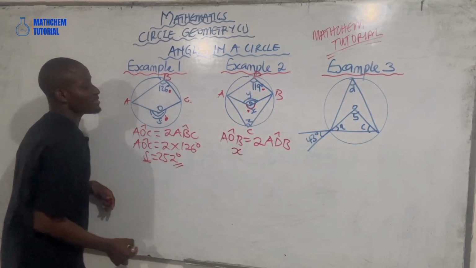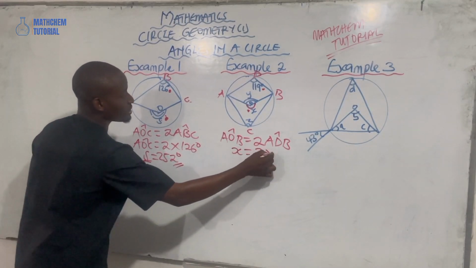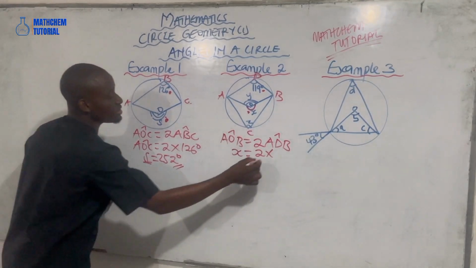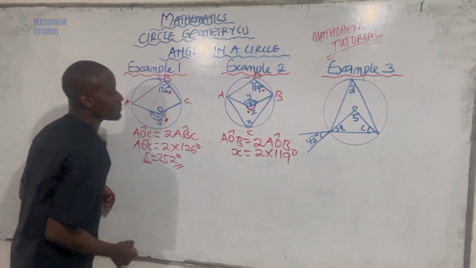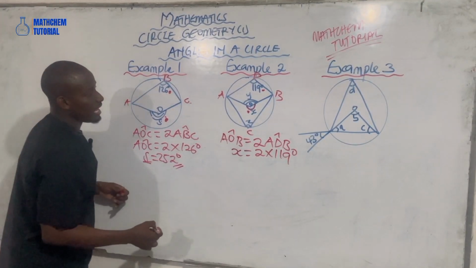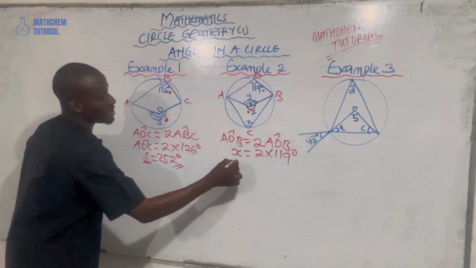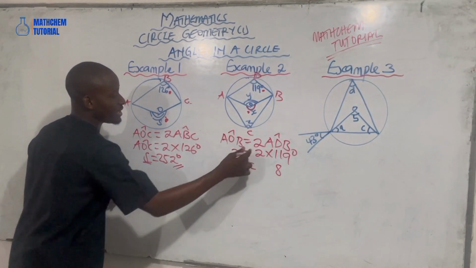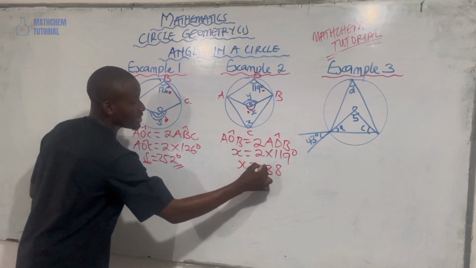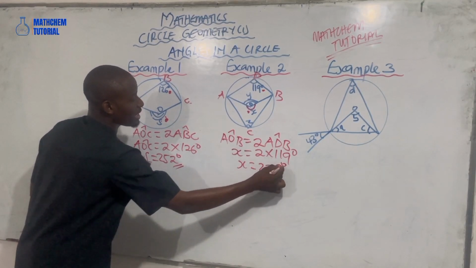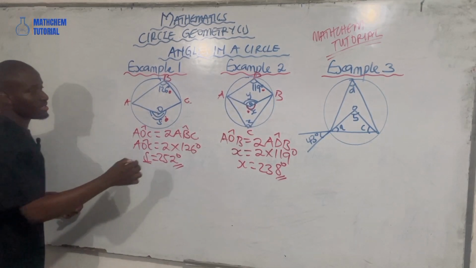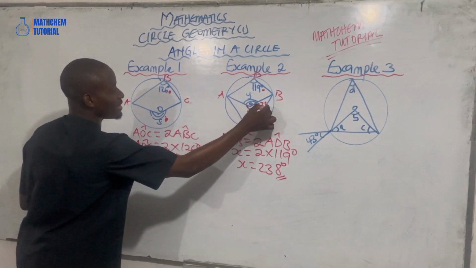So x is going to be 2 times the angle ADB. The angle ADB is 119 degrees, so x is 2 times 119. 2 times 9 is 18, write 8 here, carry 1; 2 times 1 is 2 plus 1 is 3, then the angle here is 2. That means 238 degrees. So this x is representing 238 degrees.